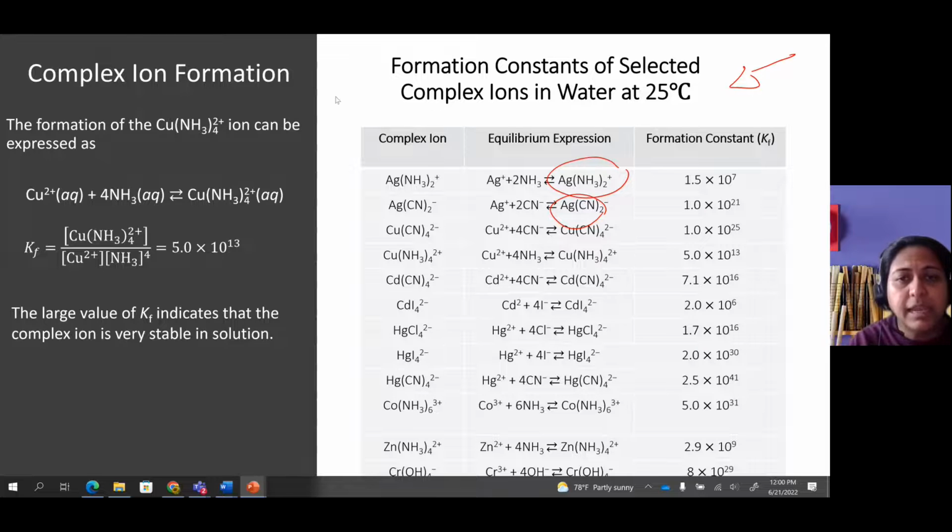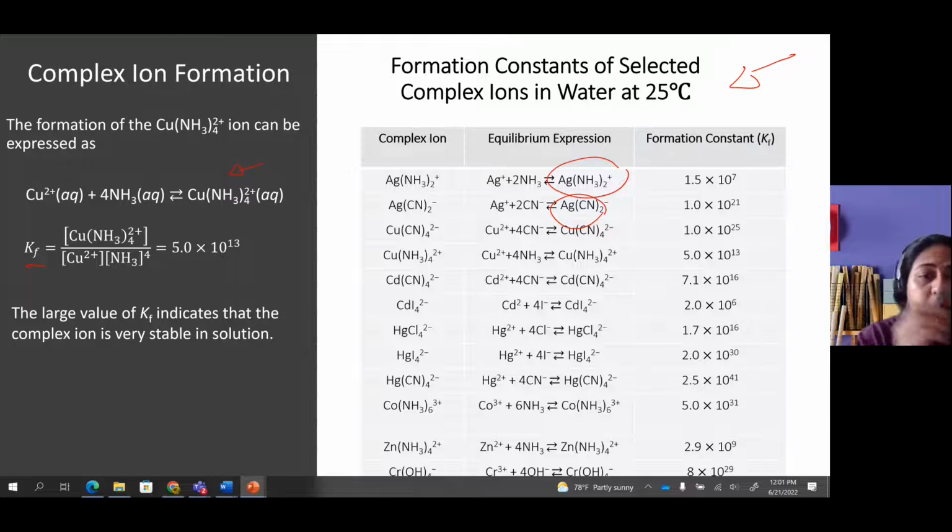Right. So the formation constant is abbreviated as Kf. We take the concentration of the product, the concentration of the complex, in the numerator, and that is divided by the concentration of the metal ion and the concentration of the other ions.